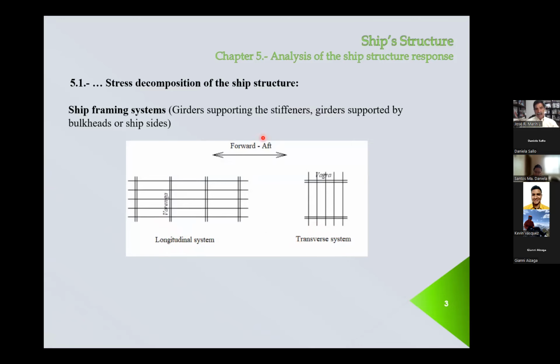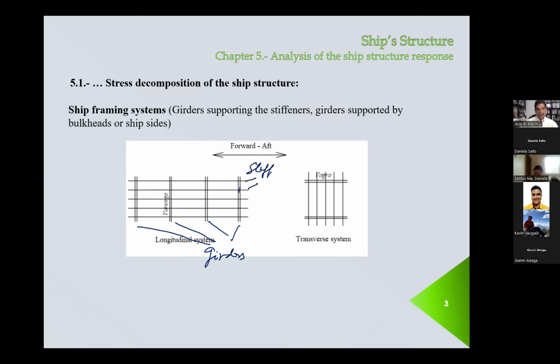I've drawn with a double line the stronger elements. So these are the girders, this and that. And these smaller ones are the stiffeners.